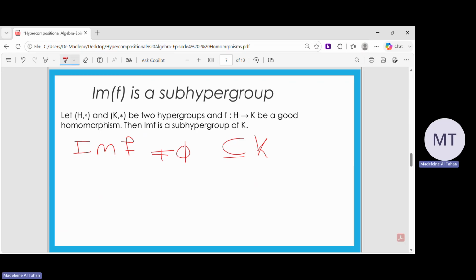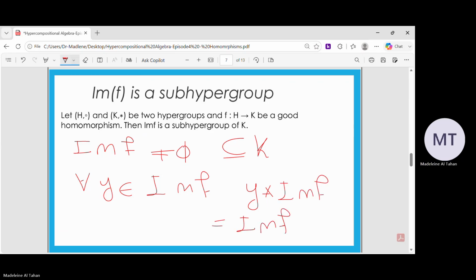The second step, what we need to show is that for every y belonging to image of f, y star image of f is equal to image of f star y, equal to image of f.